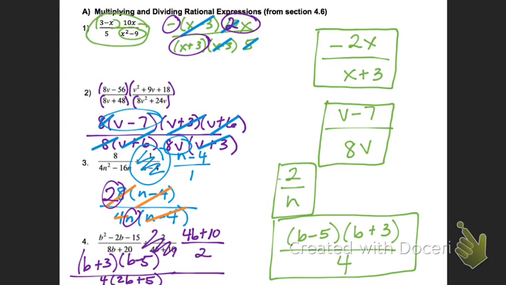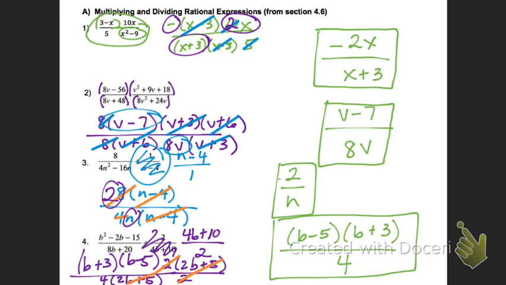On the top right, I can pull out a 2, and I'm left with 2b plus 5 over 2. Now, things that cancel, 2's, 2b plus 5, and then I'm left with b plus 3, b minus 5 over 4.